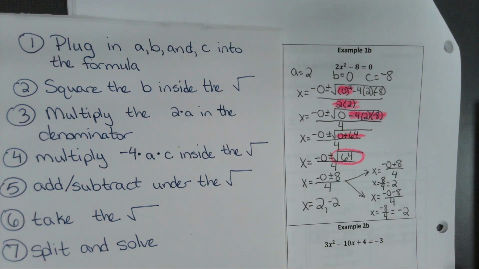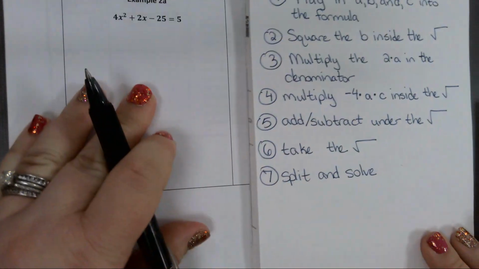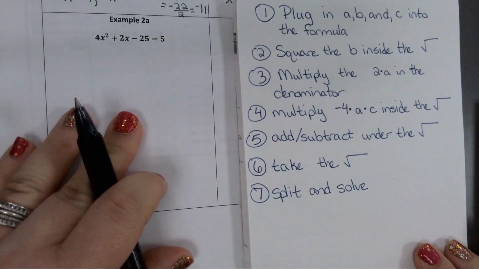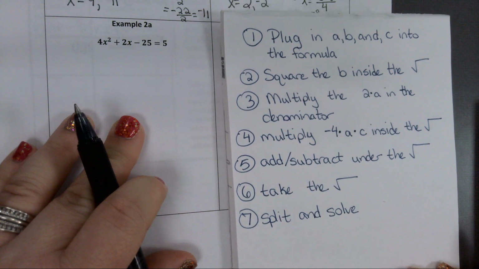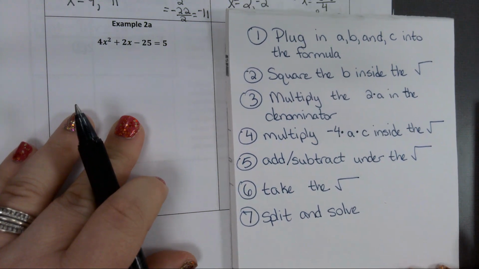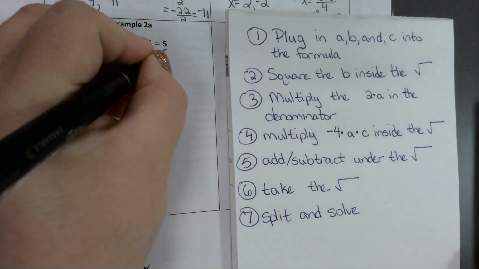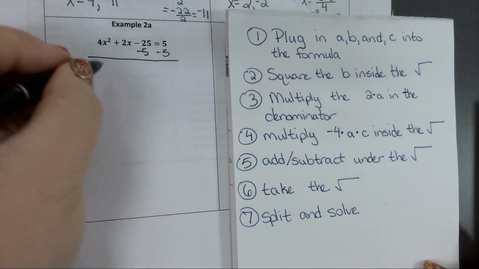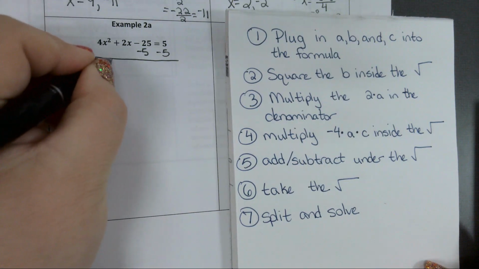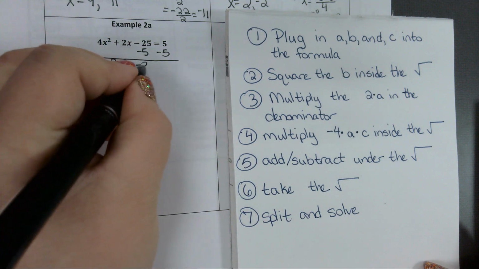Example 2b. This time it's not equal to 0, so I'm going to need to do a little bit of work to get this to equal 0, meaning I'll need to subtract 5 from both sides, leaving 4x squared plus 2x minus 30 equals 0.